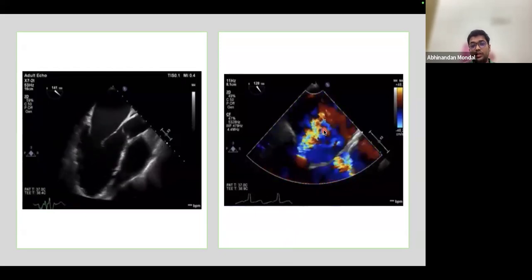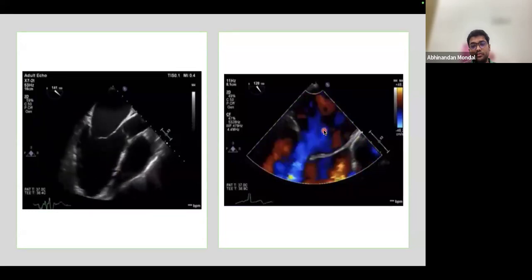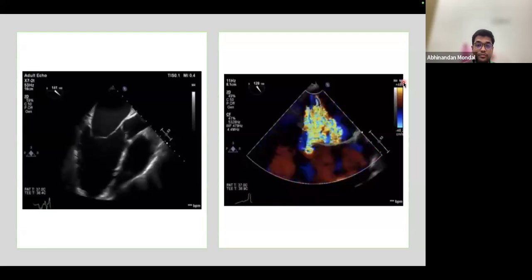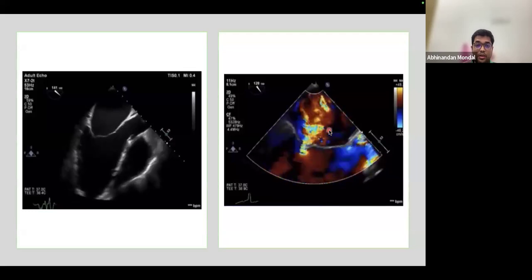Do you think it is a severe MR? Let's see. Now remember one thing, that you are seeing it at a 46 Nyquist limit. So it appears to be a severe MR. Now let us see.